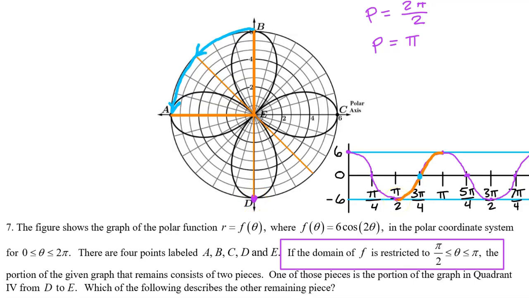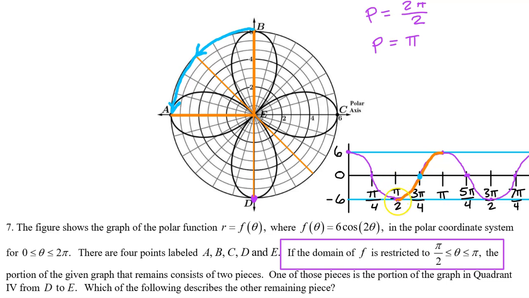Let's talk about the portion of the graph that goes from pi over 2 to 3 pi over 4. Pi over 2 to 3 pi over 4 on the polar graph is from here to here. However, because these r values are negative, the graph will appear in the opposite portion of the graph between here and here. And again, notice that we are beginning with an r value of negative 6.